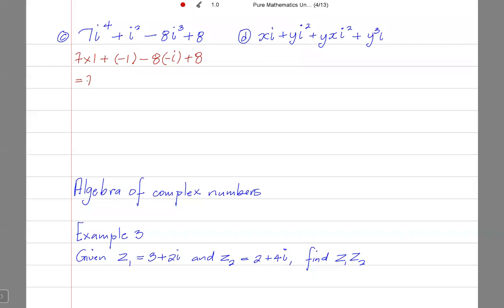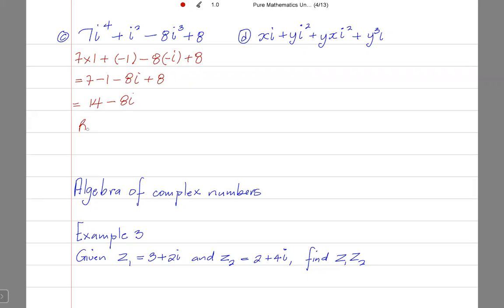So this becomes 7 minus 1 minus 8i plus 8. 7 plus 8 is 15. 15 minus 1 is 14. So this is 14 minus 8i.